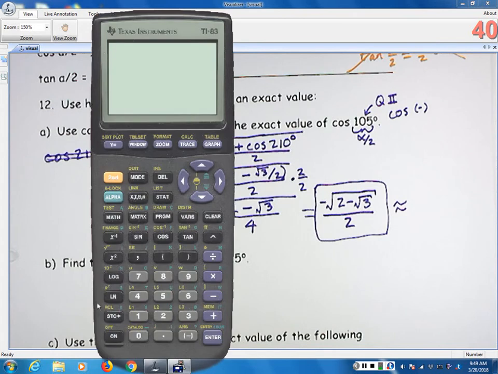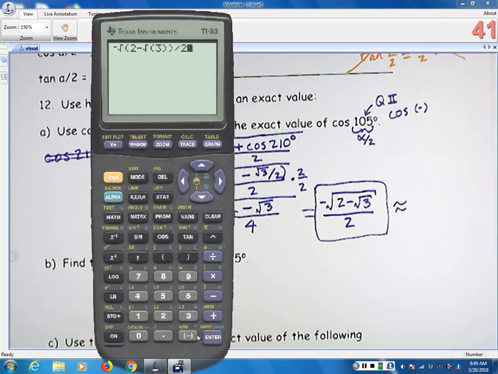If I ask for an approximate answer, or maybe MATLAB does, negative square root of 2 minus square root of 3. Now, I have to close both parentheses because I'm not under the square root anymore when I divide by 2.